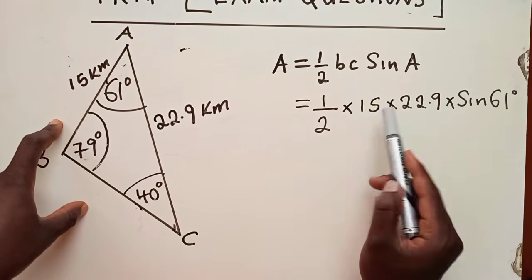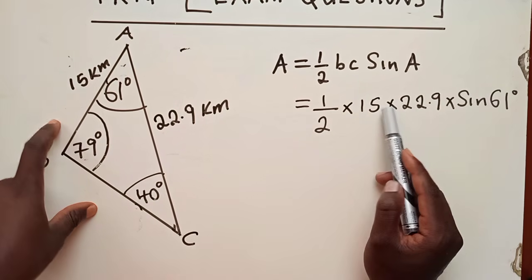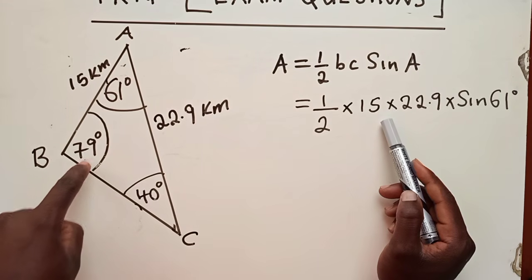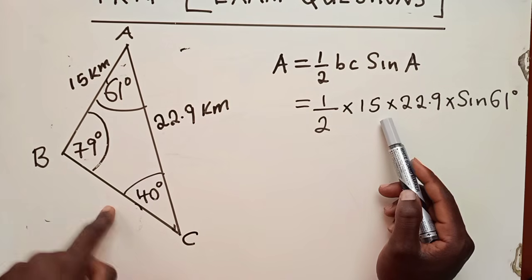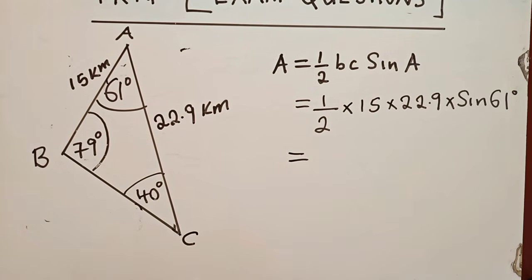You see where I'm multiplying here? You need the two sides and the included angle. So if you're using this and this side, you need to find this because it's missing. BC, we don't have, it's missing. You need to find it. So once you do so, you can multiply there.